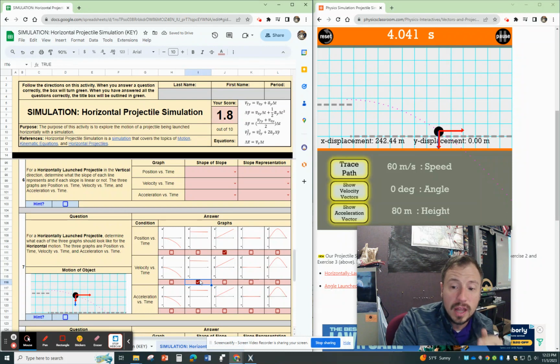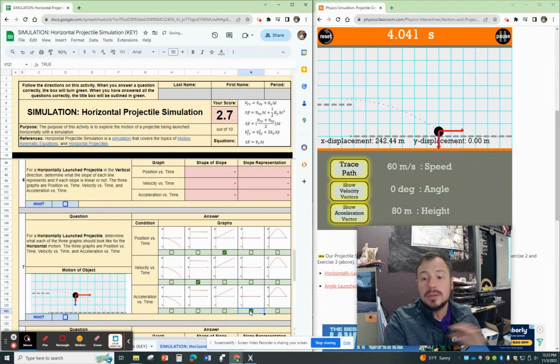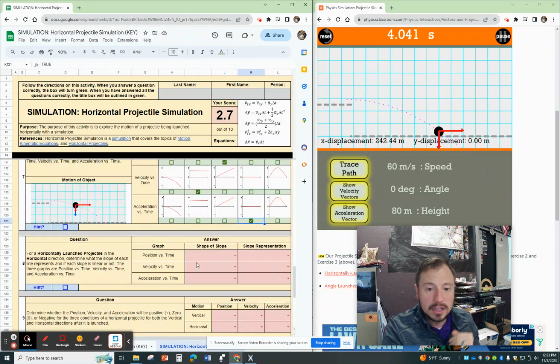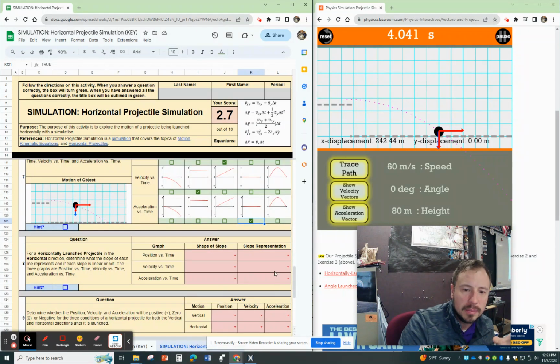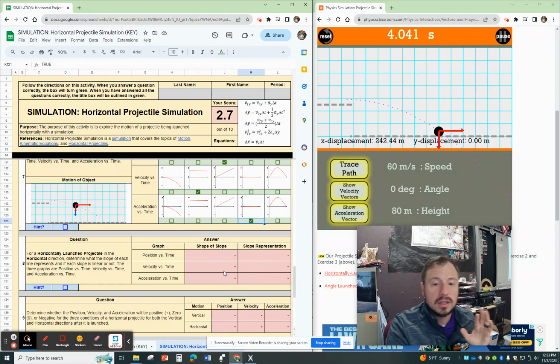So I know that the velocity is going to be positive, and it doesn't change. It's not accelerating. So if I take the slope of this line, I know it's going to be my acceleration in the x direction, and it's going to be 0. It is not accelerating in the left to right direction.